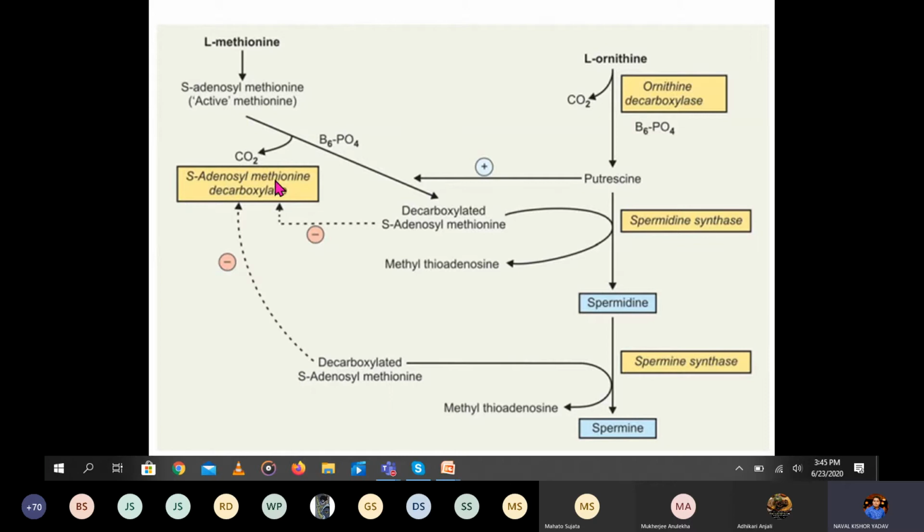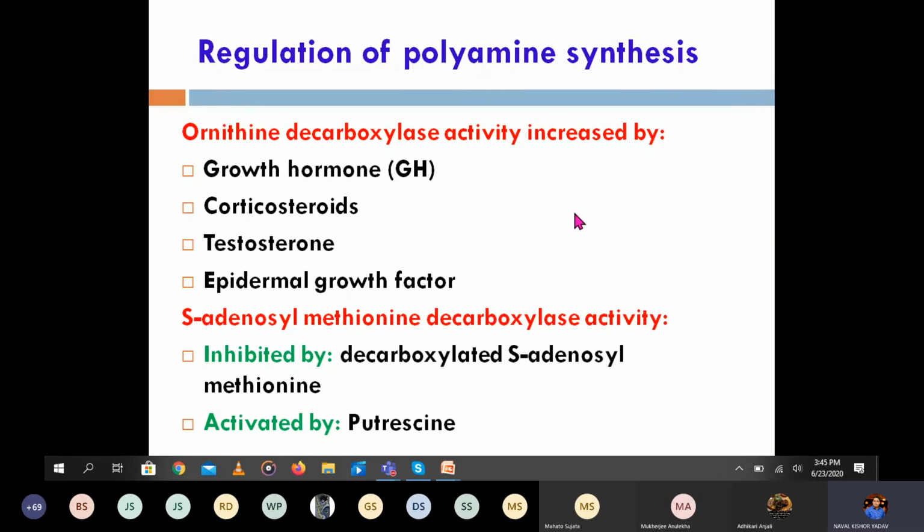If this enzyme is also inhibited, the decarboxylated S-adenosyl methionine will not be available, so there is no formation of the spermidine and spermine. So these are the two main enzymes with which you can control and inhibit or increase the rate of formation of the polyamines. So how is it regulated?